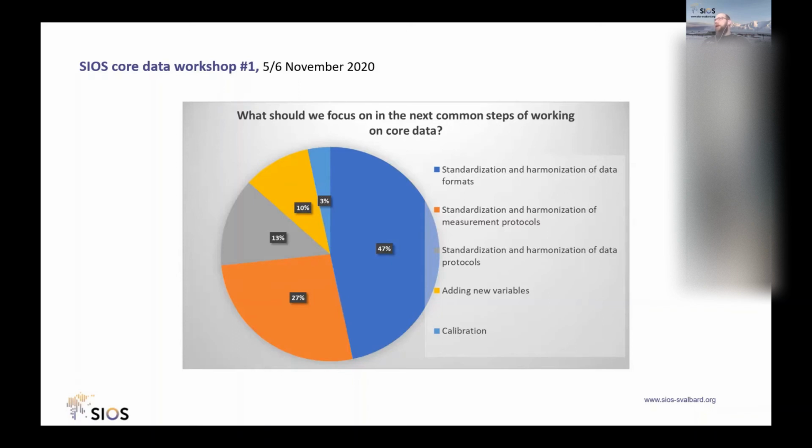There is not so much interest in calibration, though we are trying to push this a little bit. If we would like to have comparable data sets from different instruments that will be defined as core data, they should be calibrated properly. But I think we have a lot to do with that.